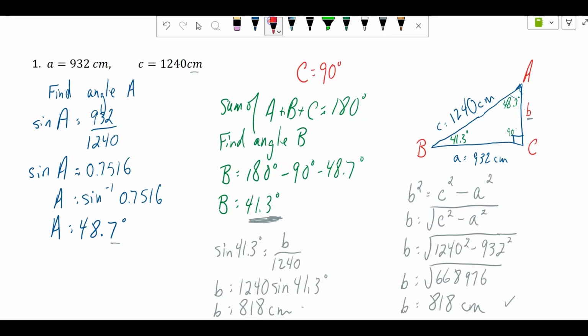Solve means find all unknown values. So in the end, we want to have all three angles and all three sides. So that's solved.